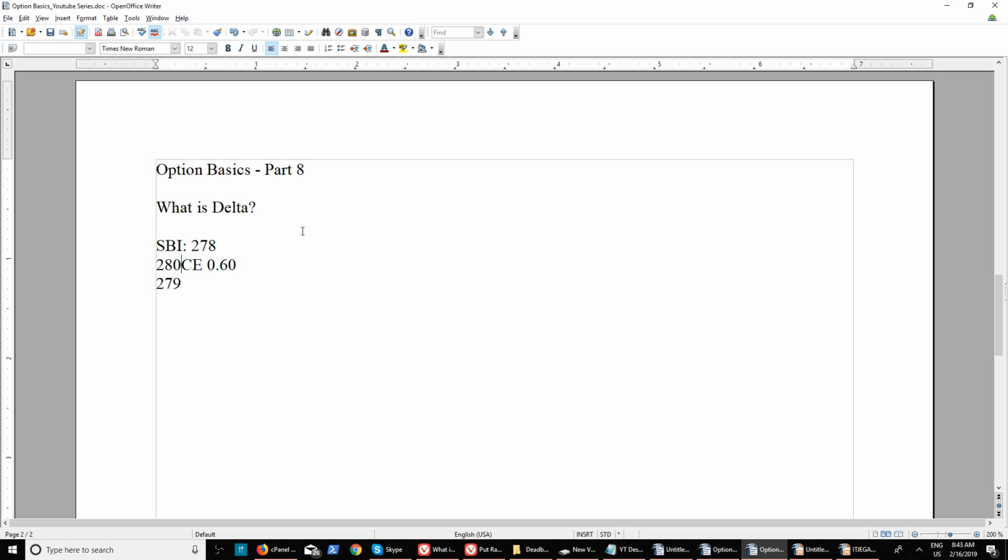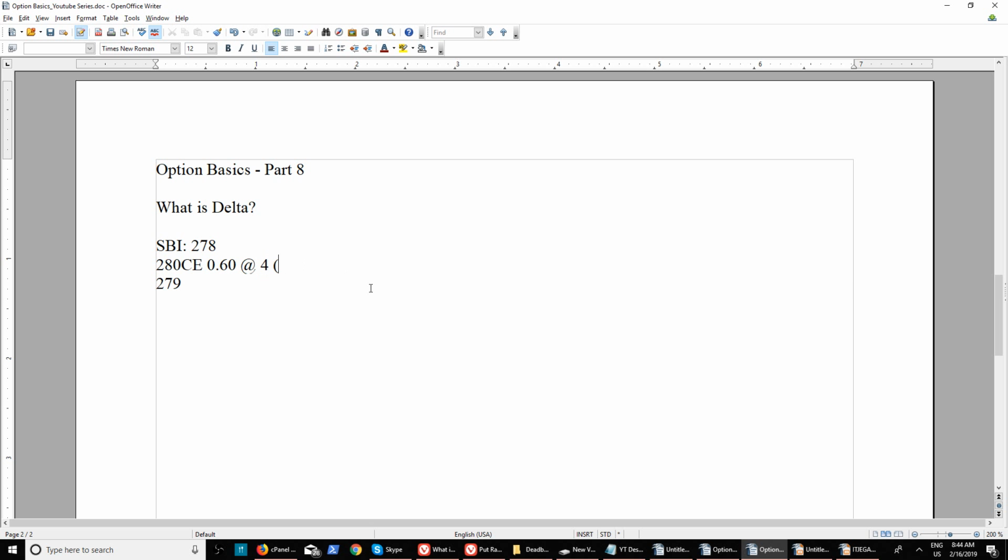So as soon as the stock actually reaches 279, okay, I didn't mention one thing here, that's the price. For example, the premium of this is 4 rupees. So if you want to buy this call option, you have to pay 4 points into the lot size, which we are not talking about.